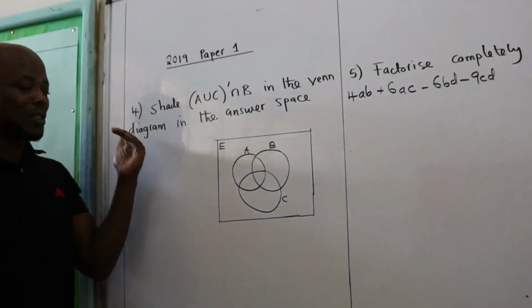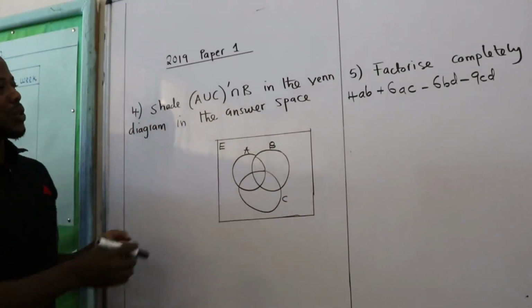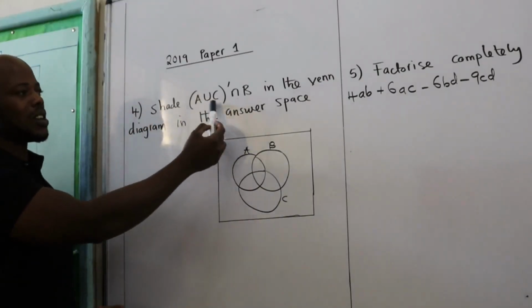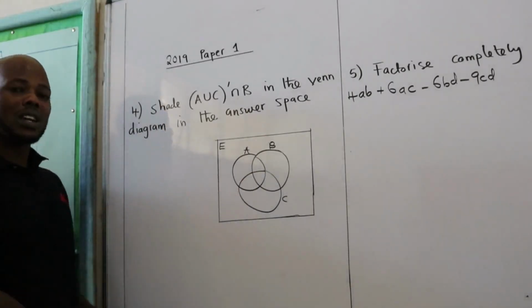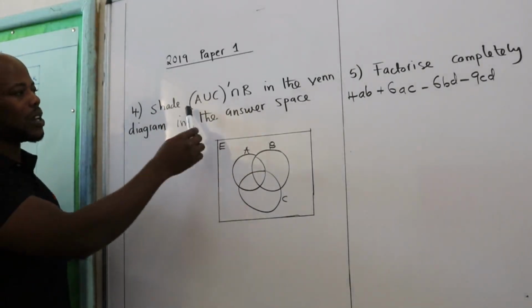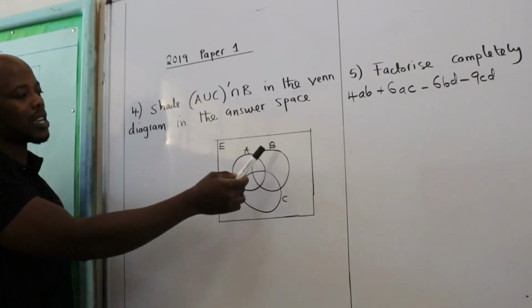For question 4, you check what we have been given here. They want us to identify the region and shade it, where this expression will fall.